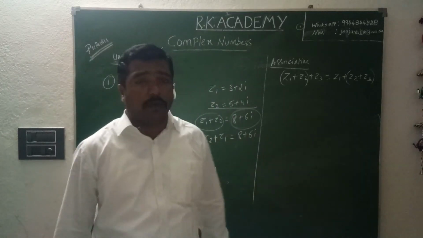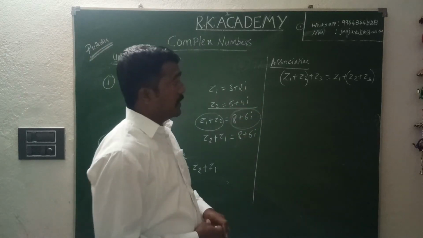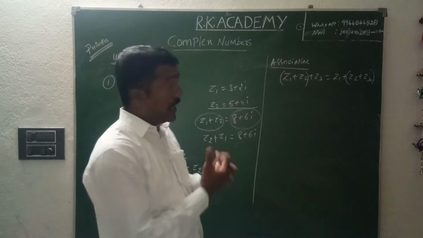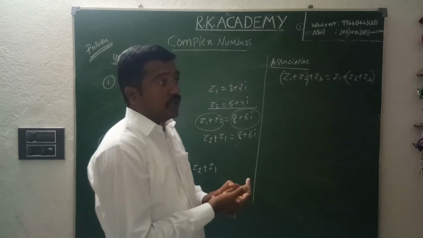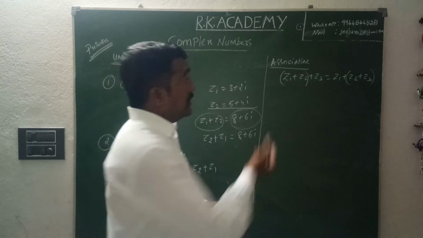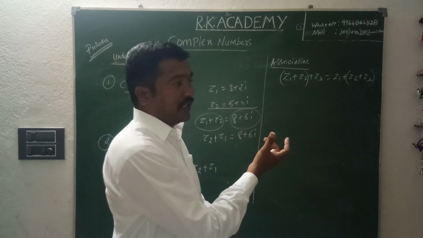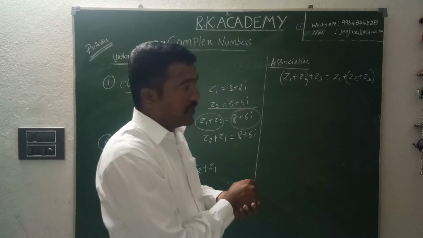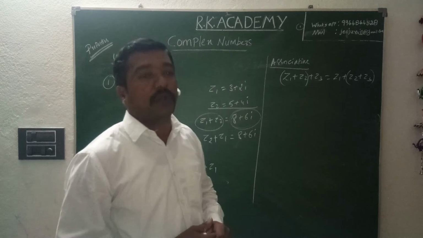I think you know about the associative property. It's like that. z1 plus z2, so we are adding the first two complex numbers, and again we are going to add the third one. It's equal to adding z2 and z3, and again you are adding z1. So both are the same. So that is called associative property.